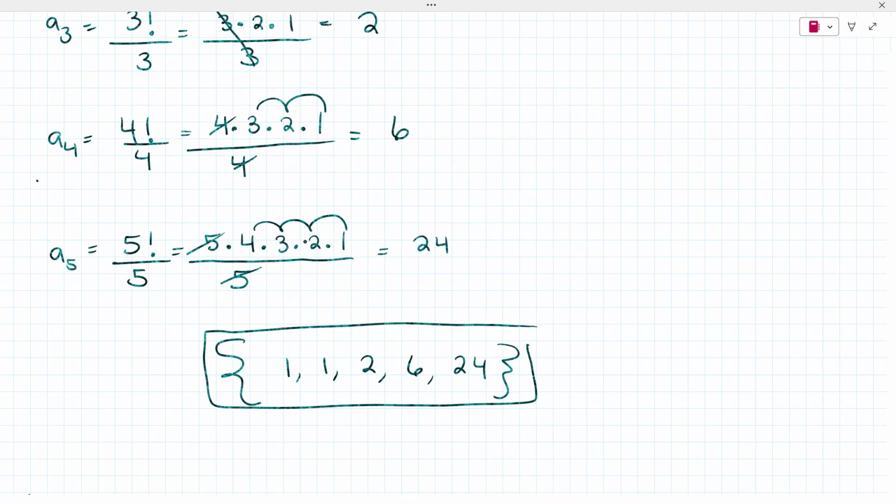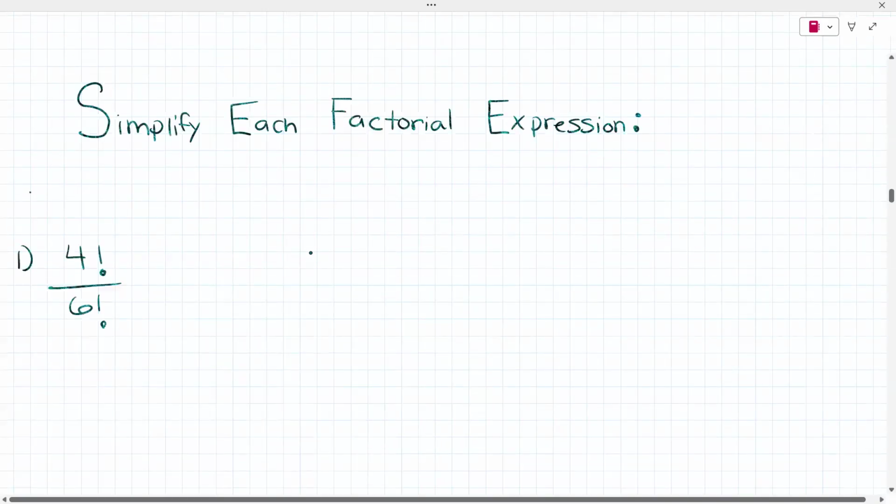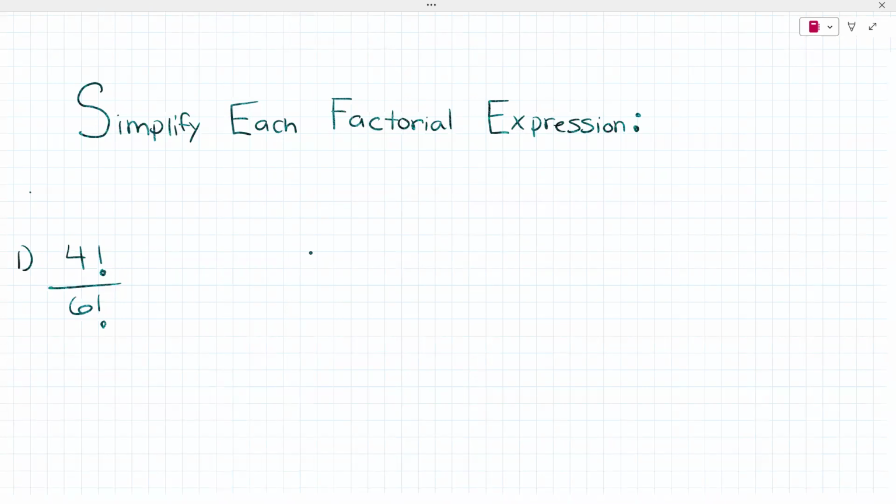Okay, the next one. So this one says simplify each factorial expression. Okay, so let's start with number 1. We have 4 factorial over 6 factorial. So that's like saying 4 times 3 times 2 times 1. And then on the bottom, it's 6 factorial, which is 6 times 5 times 4 times 3 times 2 times 1. Do you see anything that cancels?